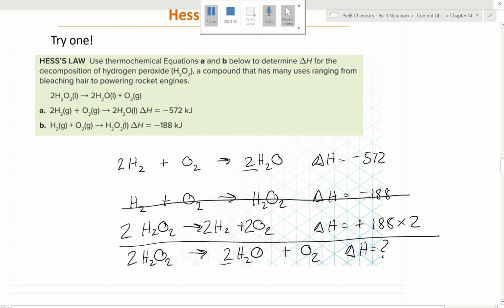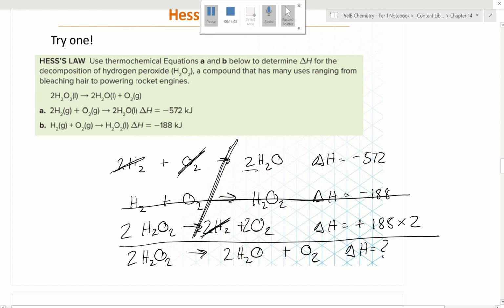Now what we're going to do is cancel out anything that's on either side of the yield sign. So the only thing I have is 2H2 and 2H2. They cancel. And then I have 2O2 down here and 1O2 up here, which means I can cancel that O2 with just one of these O2s.